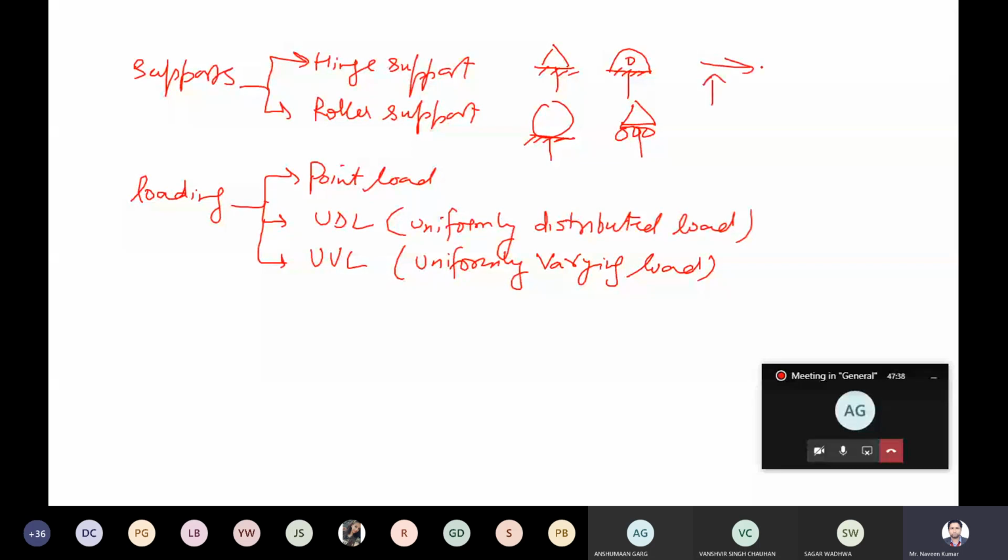Because of that, we have 2 reactions, HA and VA, according to Newton's third law, and here we restrict the motion only in the vertical direction, so we get only one reaction here, that is VB or RB. So here the example is of a door, and here you can see the example of a wheelchair. You can see rollers are there, and on luggage also you can see rollers. If you can remember, this is luggage on rollers.